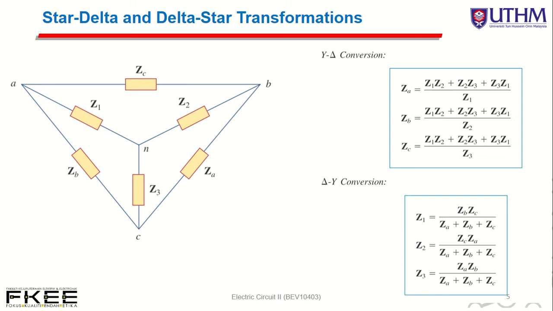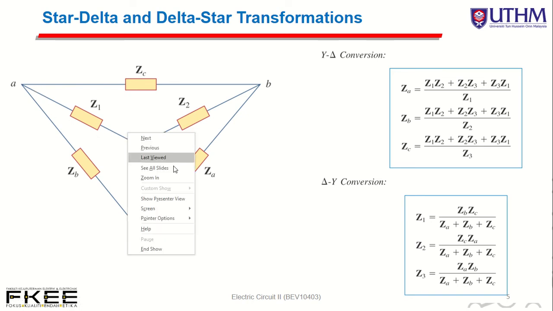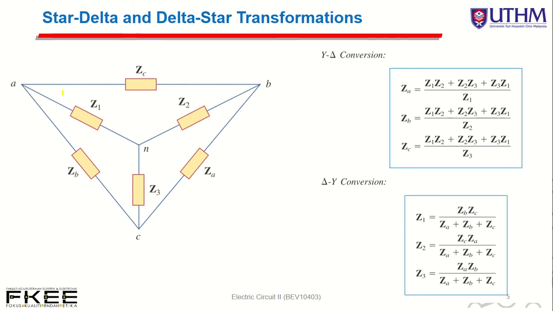First of all, let's look at what is the star. This is the star. Let's say we have impedances Z1, Z2 and Z3.